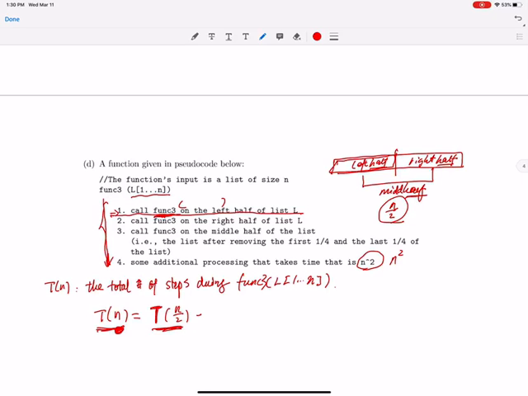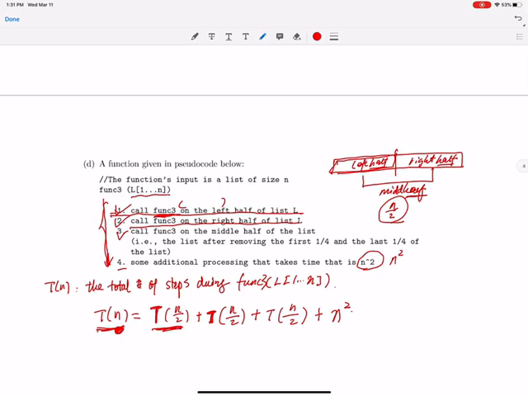Similarly, the second part is also the same function call, so the same running time function. The size of the input is n over 2, and the third is also n over 2. So far we have taken care of this, and this. The last part is some additional processing, but we know the time is n squared.